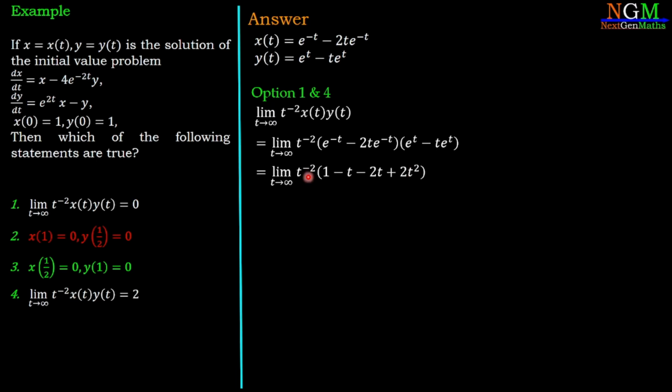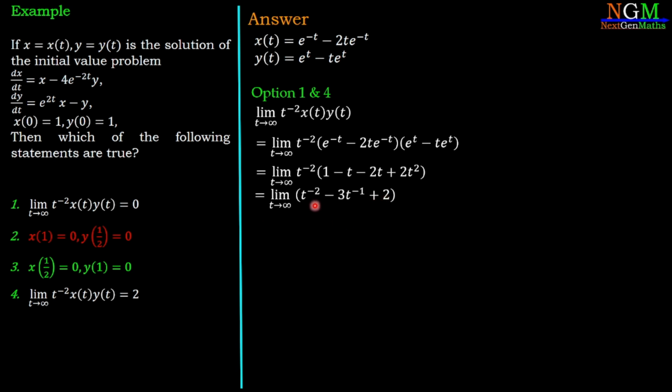Multiply t power minus 2 into the bracket. We have t power minus 2 minus t minus 2t will be the minus 3t. Multiply with the t power minus 2 will give 3t power minus 1. 2t square multiplied with t power minus 2 will give the 2.